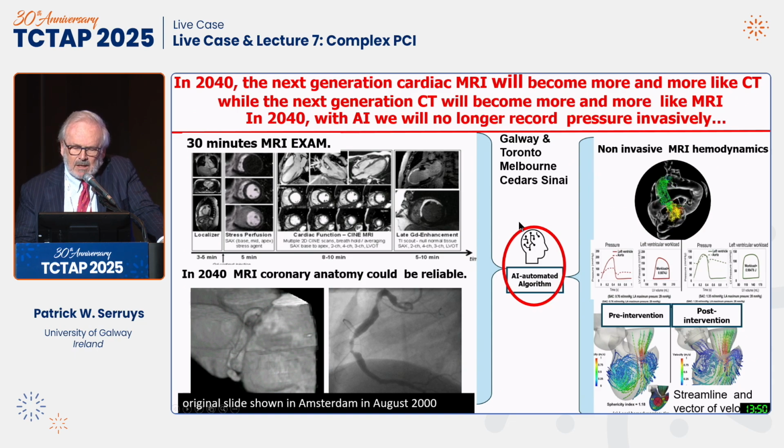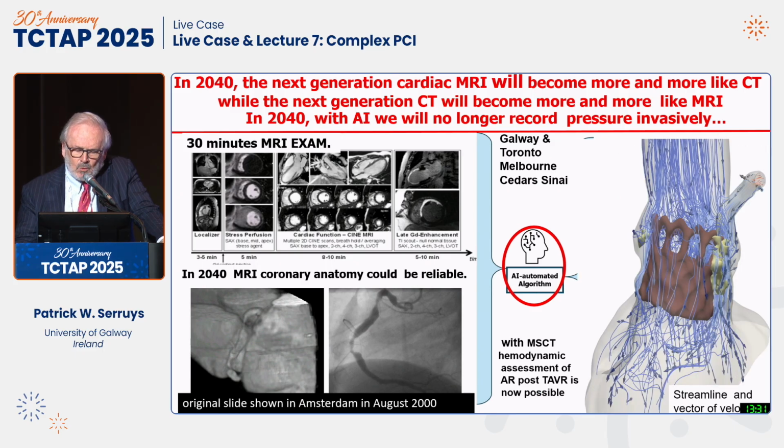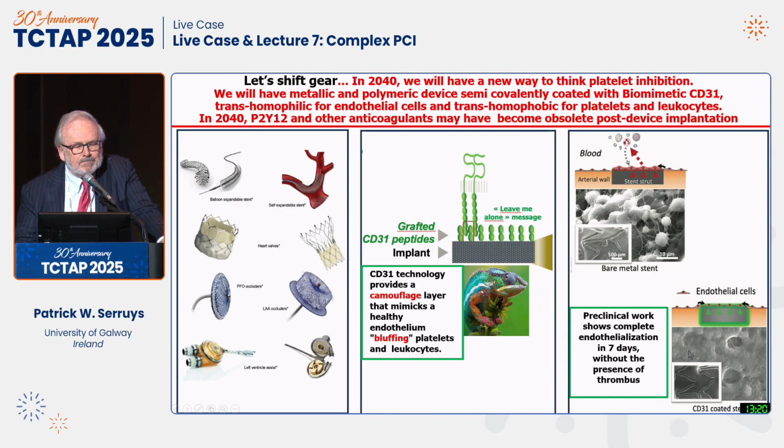And clearly, non-invasive MRI hemodynamic with blood pressure will provide you with pressure volume loop, pre-intervention and post-intervention. And we look now to streamline and vector of velocity. And with Galway, Toronto, Melbourne, and Cedars-Sinai, we use multi-slice CT scan hemodynamic assessment of aortic regurgitation post-TAVR, also on streamline and vector of velocity.